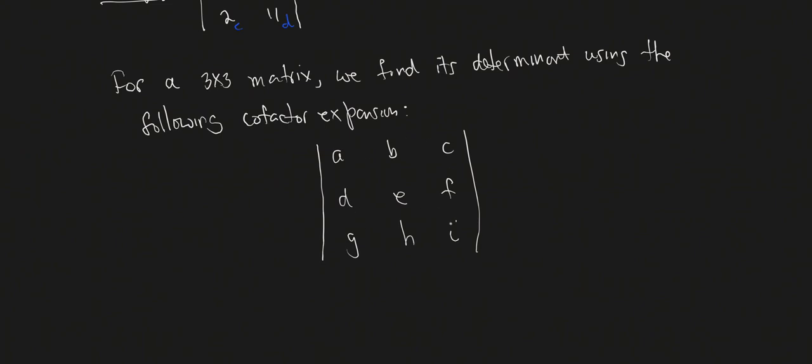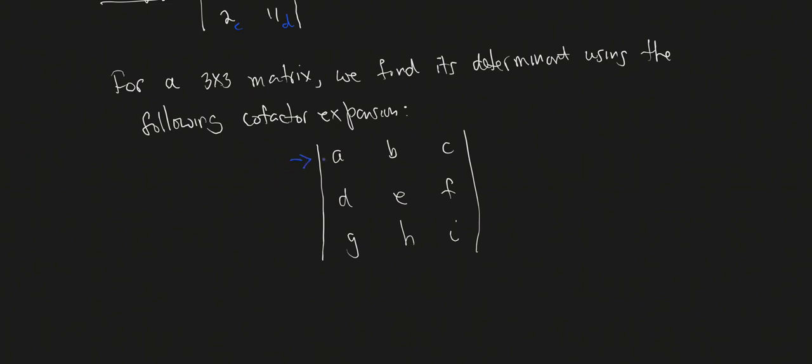All right, so we have our 3 by 3 determinant. And again, these letters all represent numbers. They could even represent functions and other expressions, but whatever they are, they're arranged in 3 rows and 3 columns. We are going to use what's called the first row cofactor expansion, which was defined by the mathematician Simon Laplace.